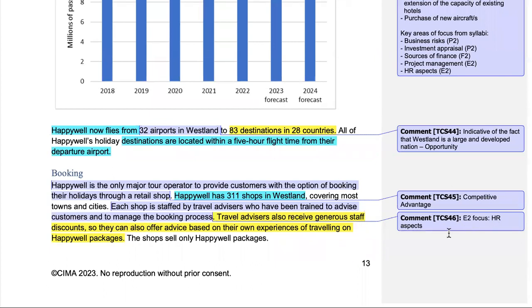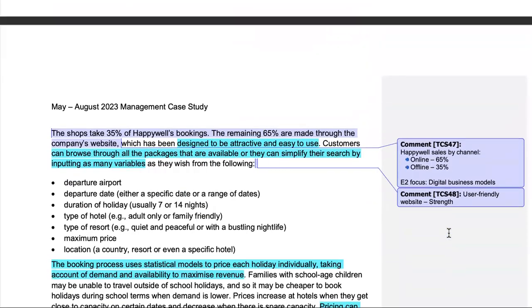So HR aspects pertaining to E2 related syllabus content can be tested. Training cycles, how to motivate these travel advisors, if there are conflicts, how to resolve these conflicts, how to carry out negotiations with these type of travel advisors. All these things can be tested at your exam.